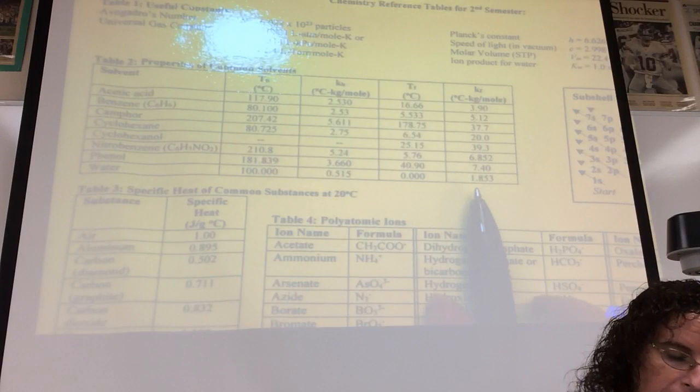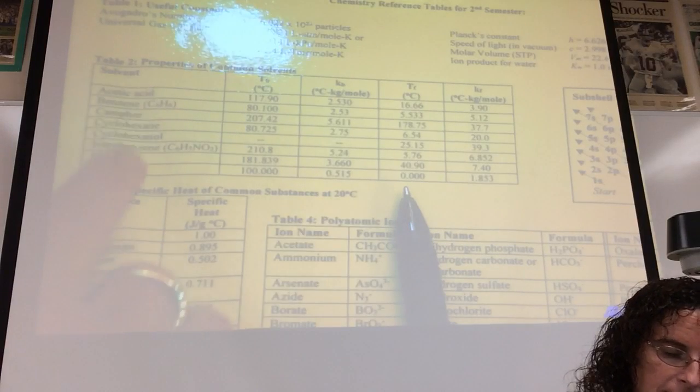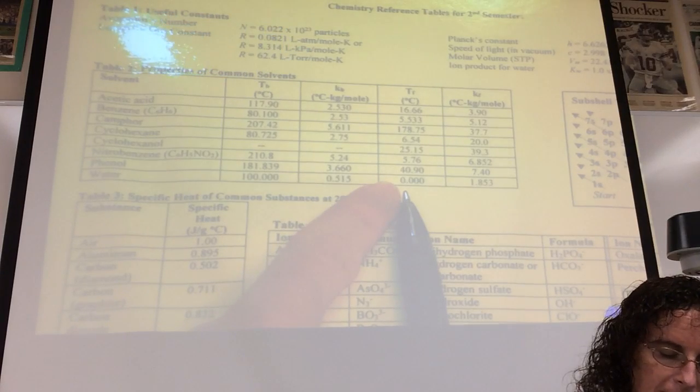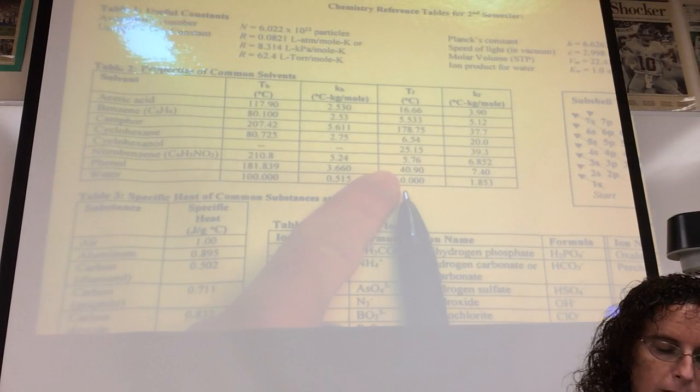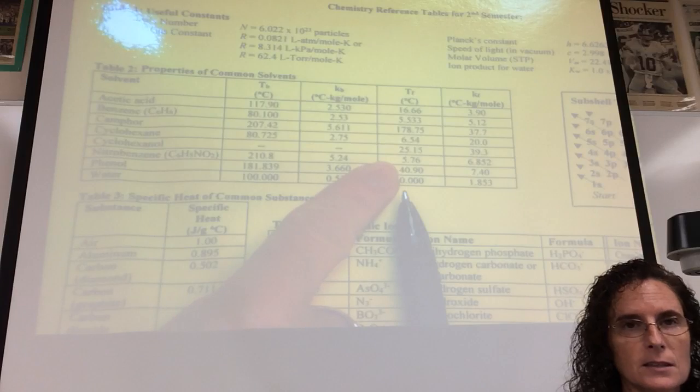The freezing points of the solvents are in this column here, and again, solvents have unique freezing points. Water freezes at 0 degrees Celsius, phenol at 40.90 degrees Celsius, nitrobenzene at 5.76 degrees Celsius.